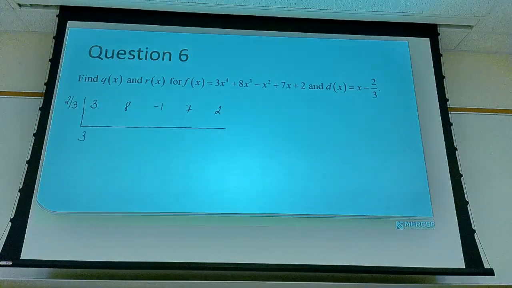Three comes down. What's 2/3 times 3? 2. Plus 8, 10. Times 2/3, 20/3.